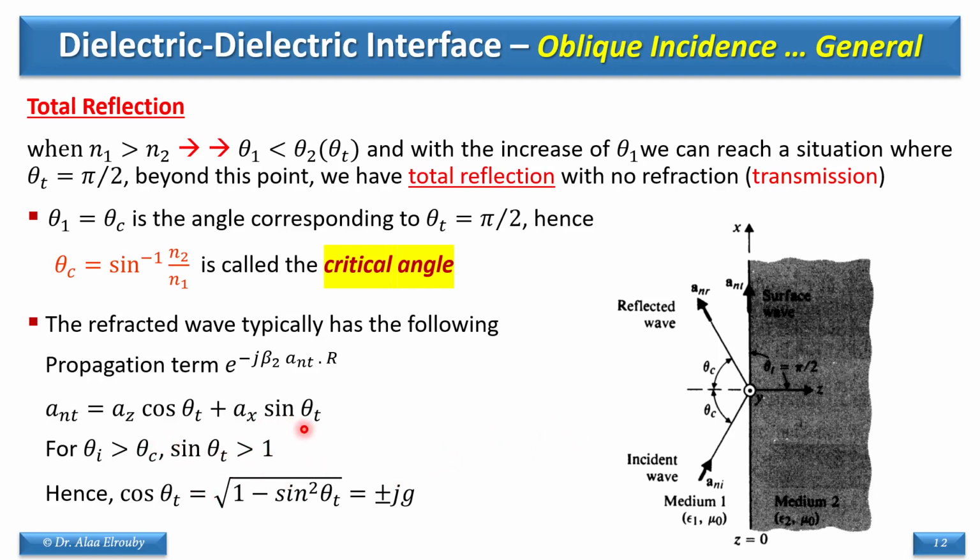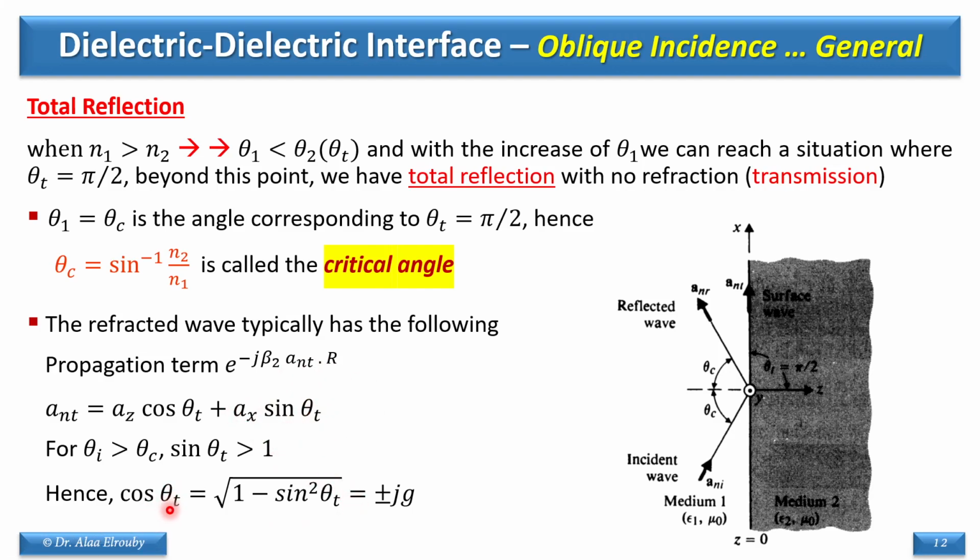But in this condition, the math would give us cosine theta t to be a complex, or imaginary, value. This will be some positive value to comply with Snell's law of refraction. It will be greater than 1, but the angle theta t is undefined, although we know sine theta t mathematically equals something greater than 1.